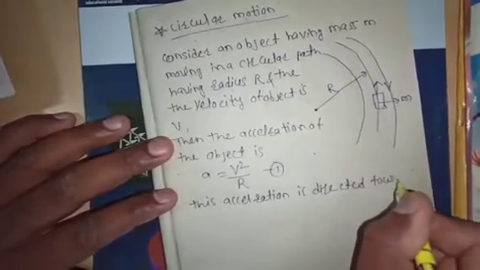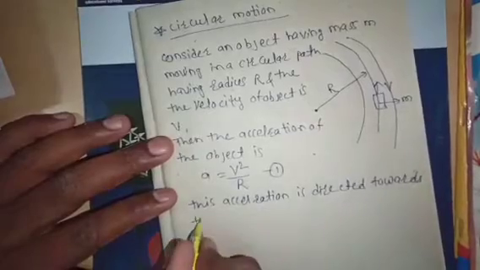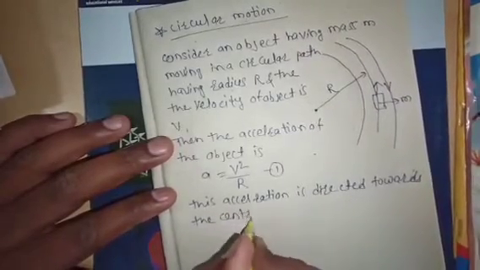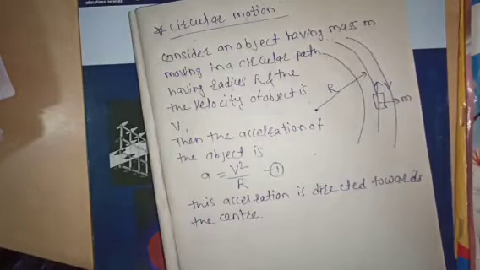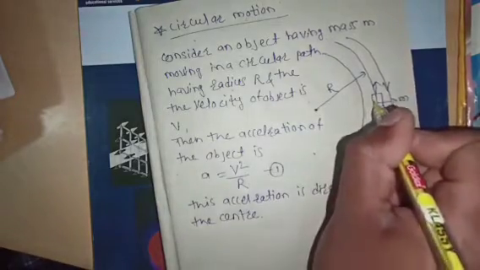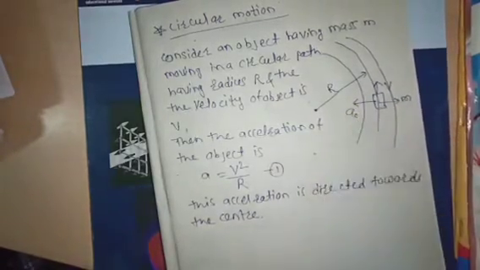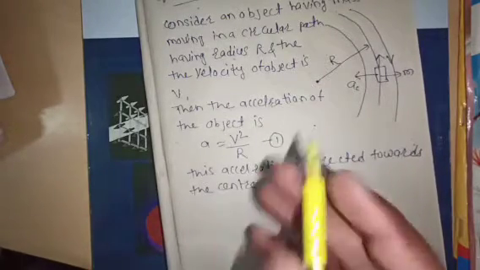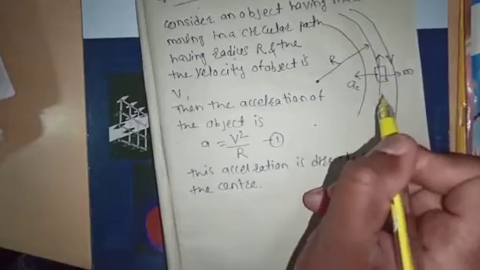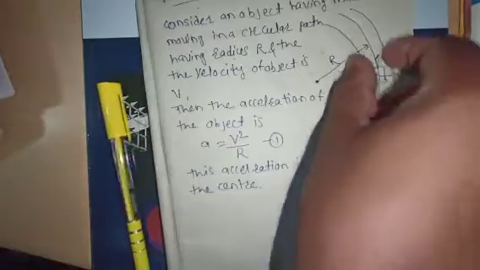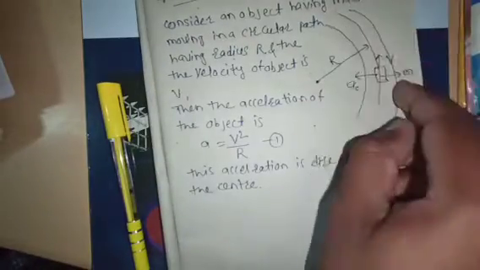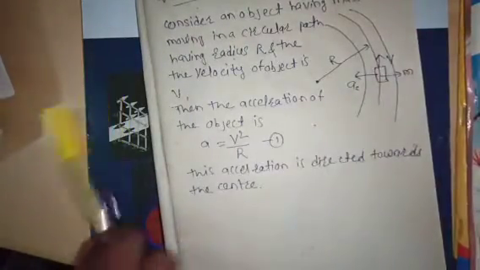When the body moves in a circular path, the acceleration is towards the center.